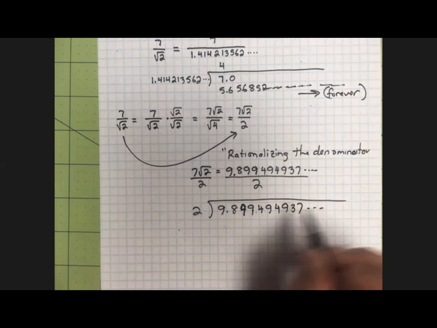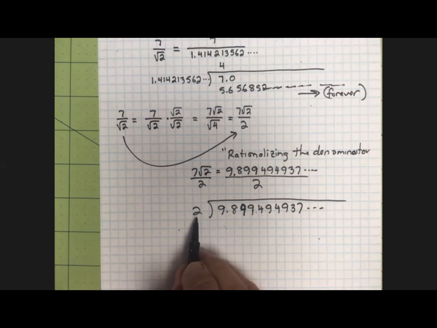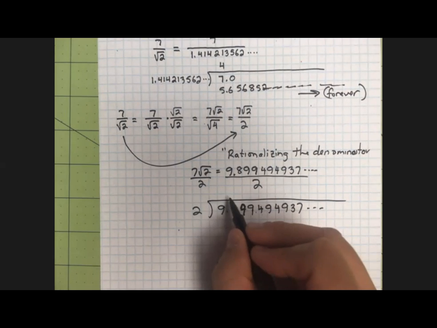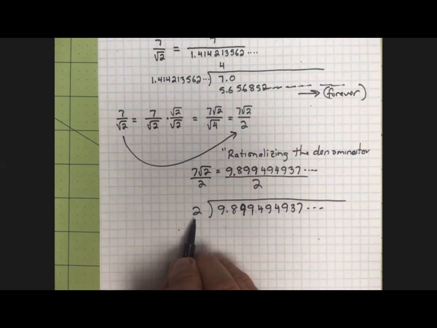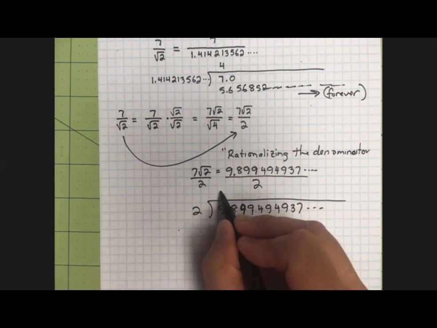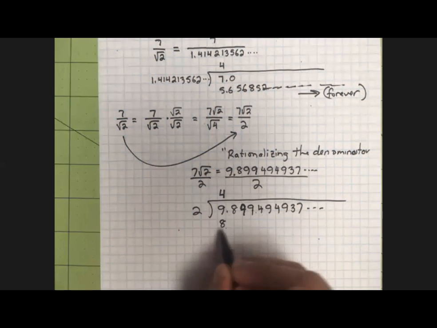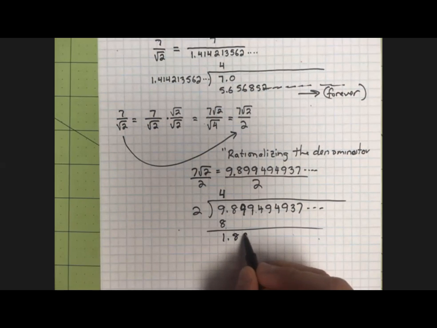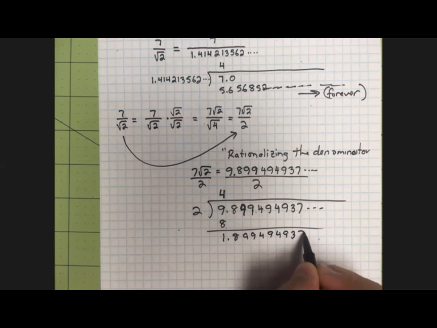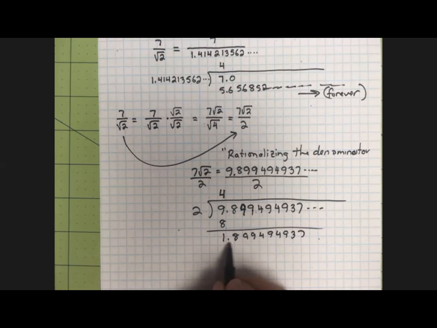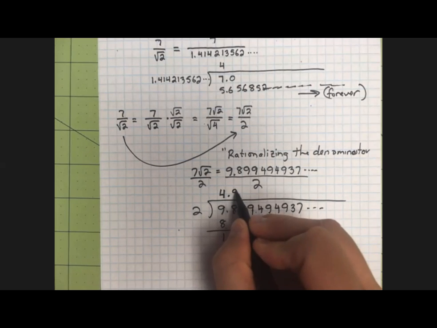And what difference does that make for dividing? It makes dividing simple. Okay, how many times does 2 go into 9? It goes in 4 times. And then I have 1.899494937. Okay, how many times does 2 go into 1.8? Goes in 0.9 times.